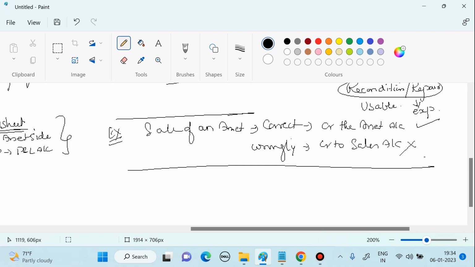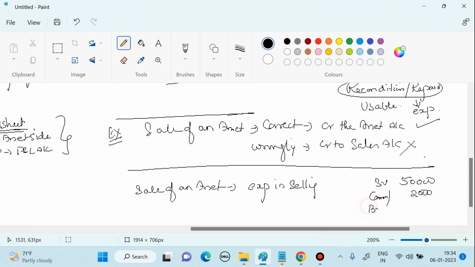And one more is when you sell an asset and you incur some expense in making that sale. So when you are selling a machinery for say 50,000 and this is the sale value you're receiving, but you have to pay 2,000 rupees as commission or brokerage to the person who helped you make the sale.